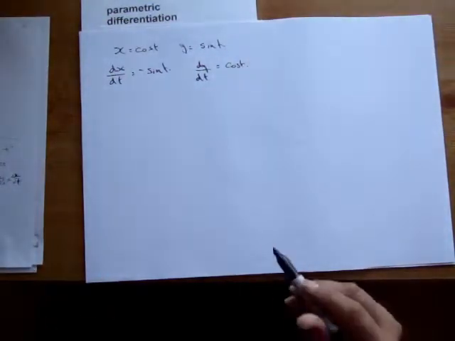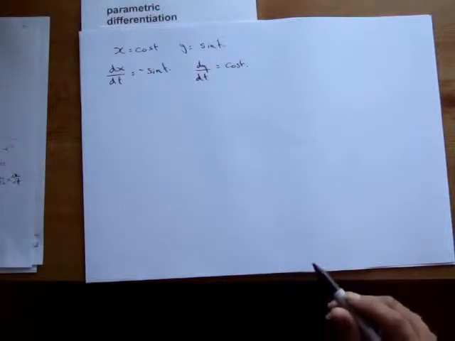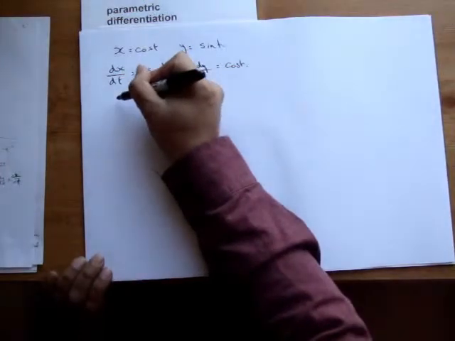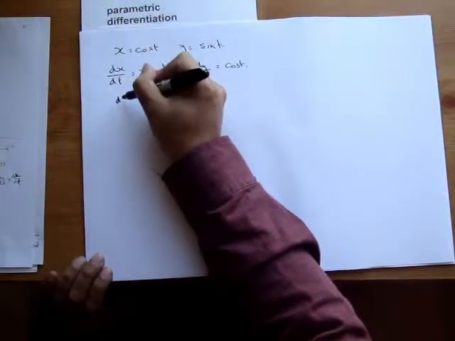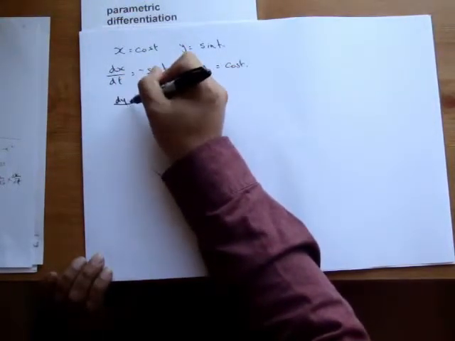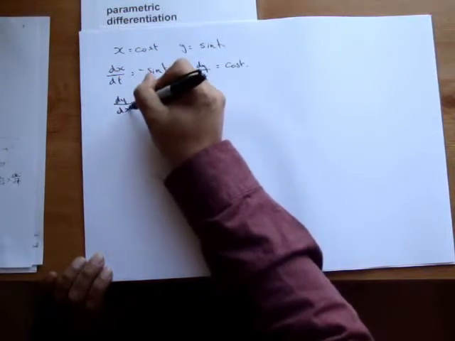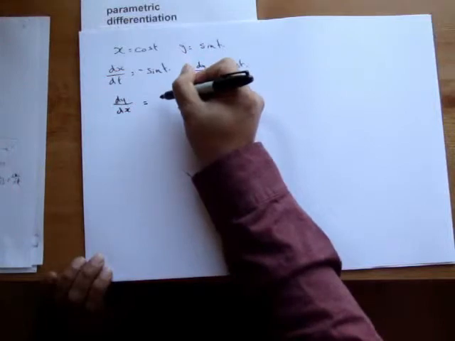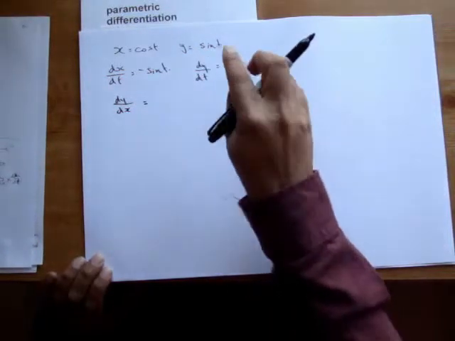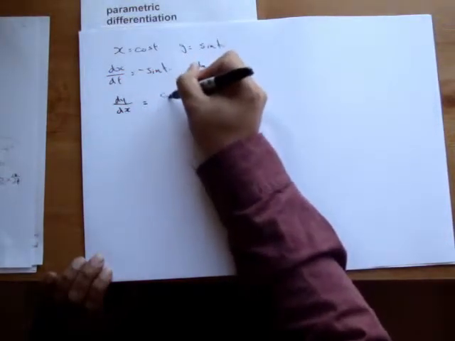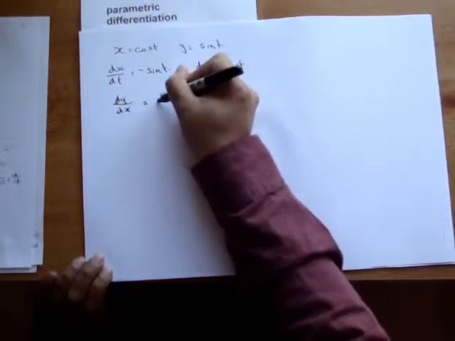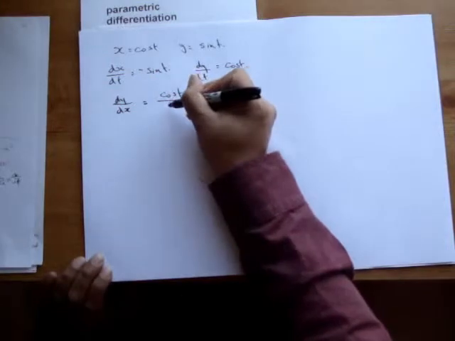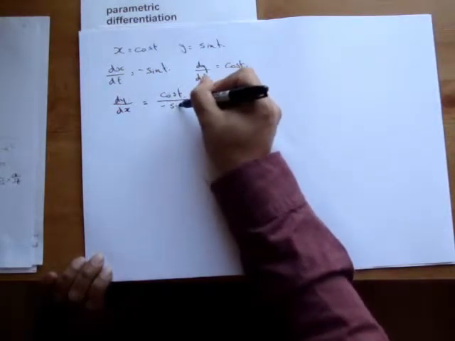Now, from the chain rule and the rule that we apply to parametric differentiation, we get dy by dx becomes cos t, which is dy by dt, divided by dx by dt, which is minus sin t.